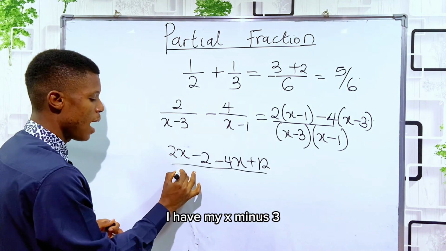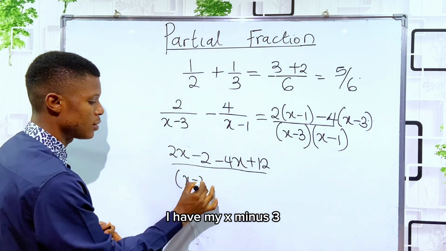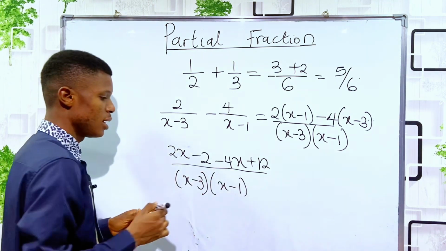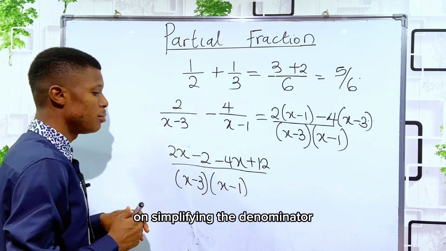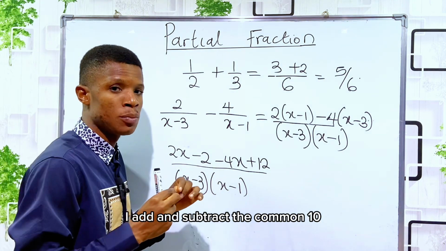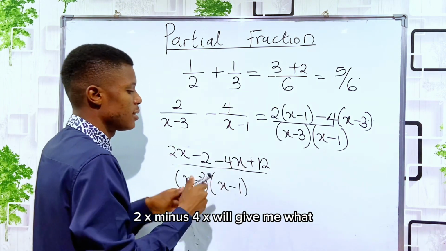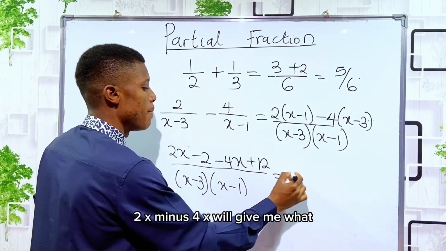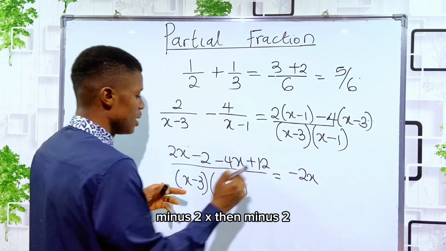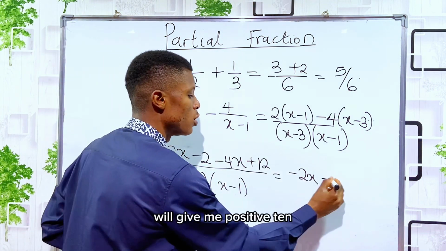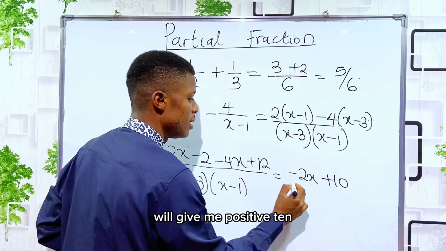Divided by my x minus 3 into x minus 1. On simplifying the numerator, I add and subtract the common terms. 2x minus 4x will give me what? Minus 2x. Then minus 2 plus 12 will give me positive 10.